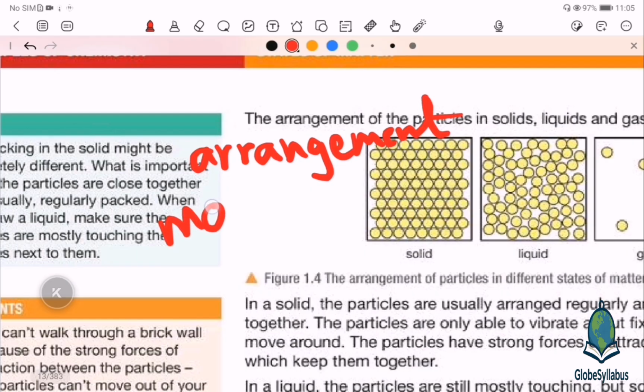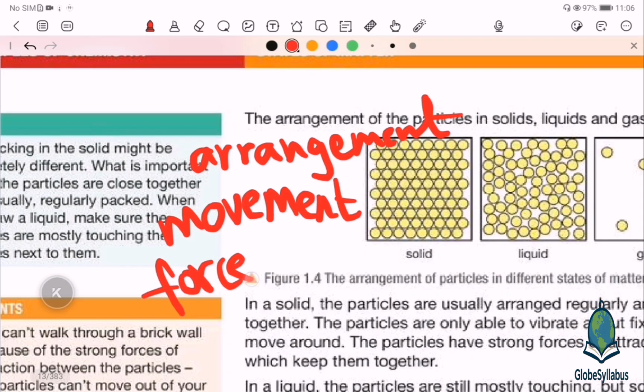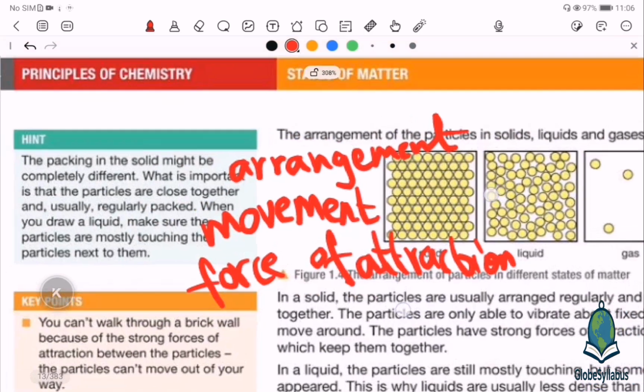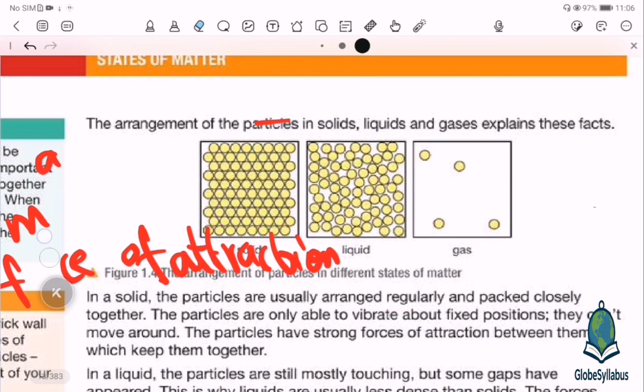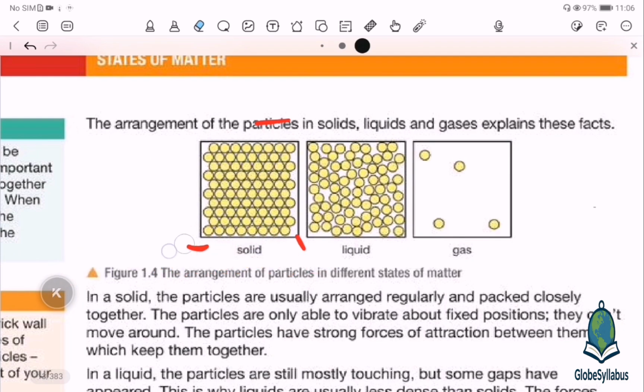Let's start with the arrangement in solids.